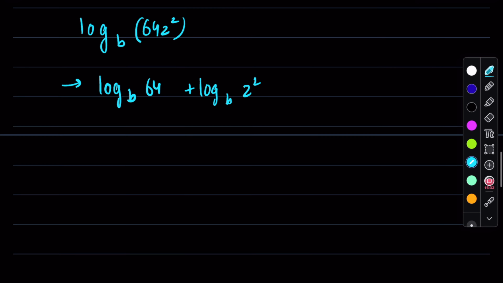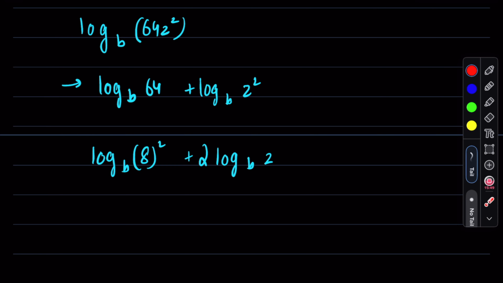We can also write 64 as 8 square, right? Log b and 2 becomes a coefficient of the entire logarithm operation because 2 was the power of the whole term z.